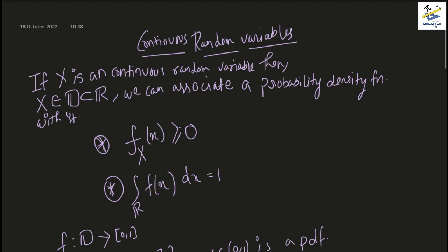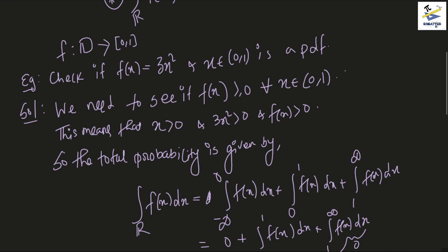Now, I'll give some examples very soon. But before that we need to understand a few things: that f is a function which takes in values from the domain D, because it takes in all the values that the random variable X takes, and the value it gives you is basically in the range 0 to 1.